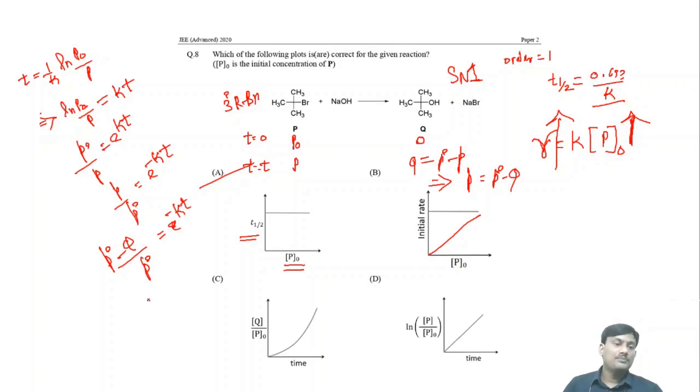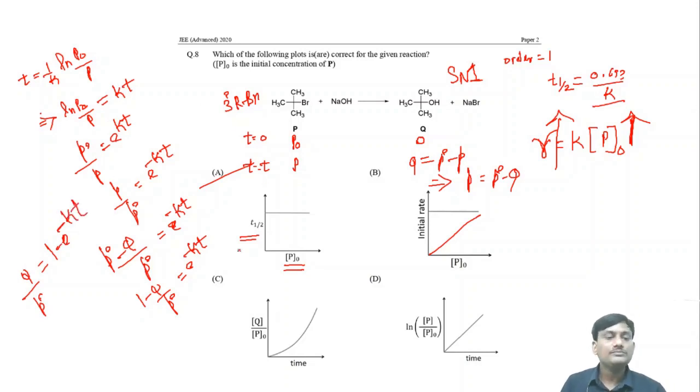Then what is this value? 1 minus Q by P naught is equal to e power minus kt. So finally Q by P naught is equal to 1 minus e power minus kt. So this graph will be like this.